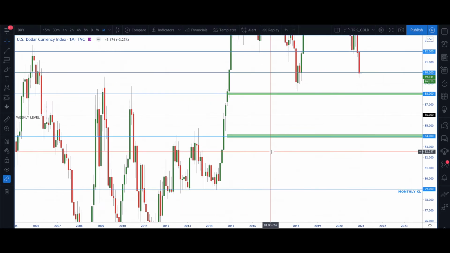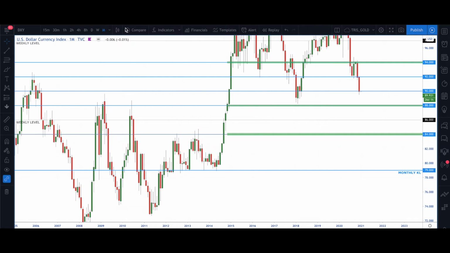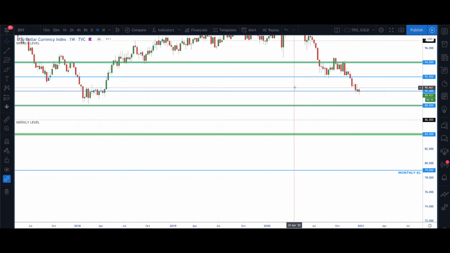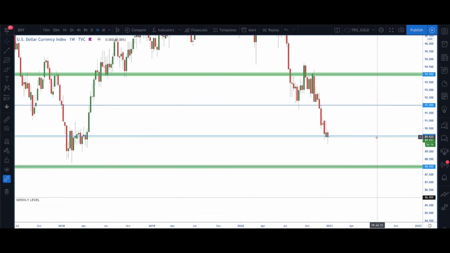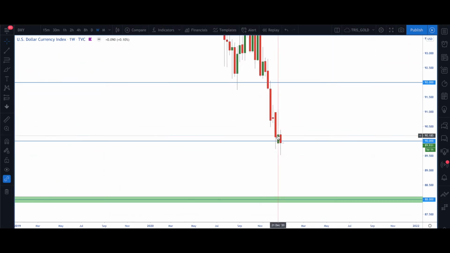So yeah, it's very important to understand where your levels are on the higher time frames, monthly, on the weekly as well. So the weekly, the last week, the dollar index, it did close below 90 on the weekly time frame, and it did show this bearish sort of doji candle with a spike to the downside, which could indicate price could actually follow through, fulfill this area, and keep going down.